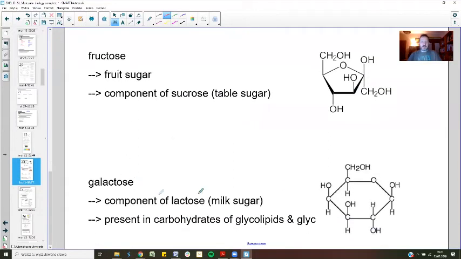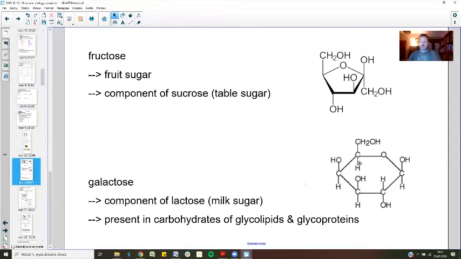Galactose is a component of lactose, which is sugar found in milk. I think you know lactose from the issue of lactose intolerance. This will be in our future lessons. Galactose also has some structural role in cells, because it is present in carbohydrates found in glycolipids and glycoproteins.